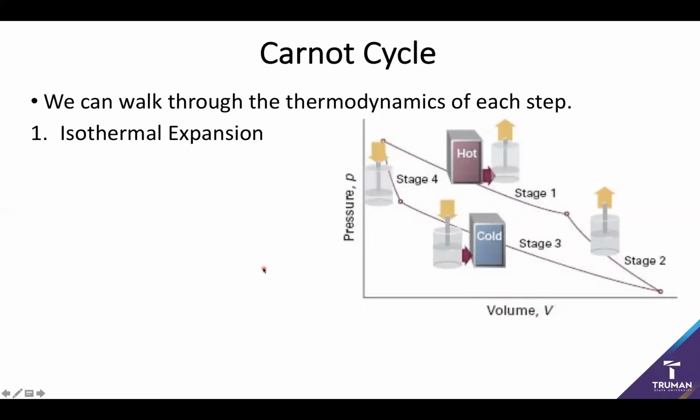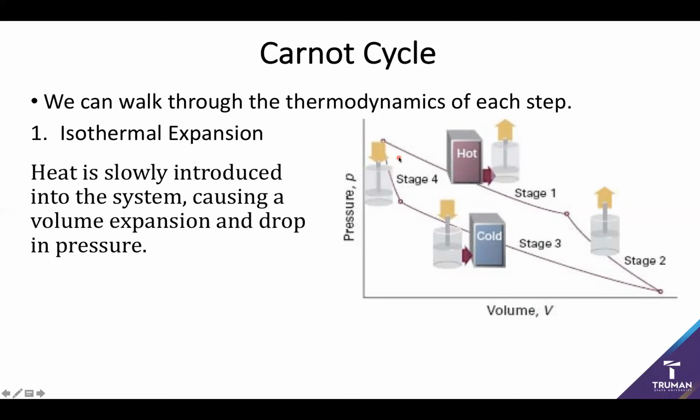First up, we have our isothermal expansion. In this case, again, heat's being slowly introduced to the system. This is going to come from some sort of constant temperature hot source. So you can imagine putting our piston next to, say, a hot fire, and then letting it essentially expand.